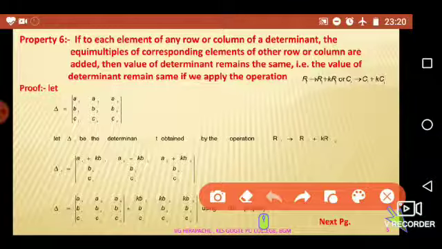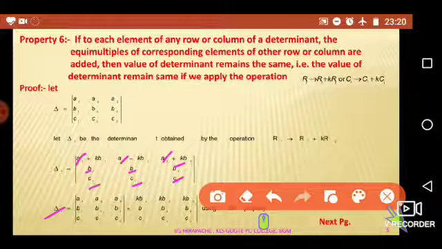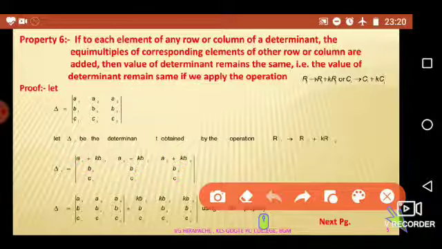By using the fifth property of determinant, we can write delta 1 is equal to a1, a2, a3 in the first row, b1, b2, b3 in the second row, c1, c2 and c3 in the third row, plus, by the fifth property, another determinant with the first row elements kb1, kb2, kb3.